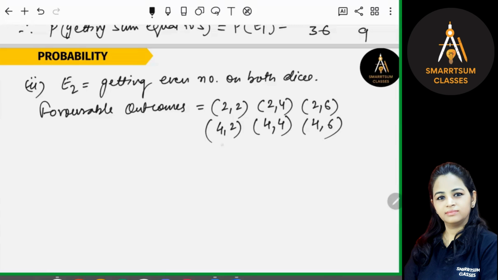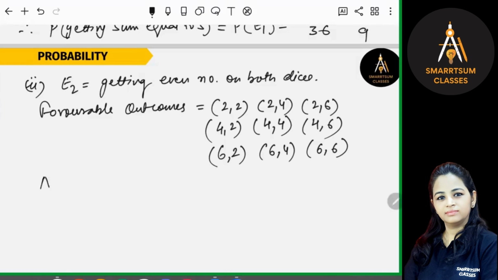We take 2, then 4, and next we take 6, which is the even number on the first dice. Now we can change the other one: 6, 2, then 6, 4, and 6, 6. So in this way, we have got all the favorable outcomes where we are getting an even number on both the dice.